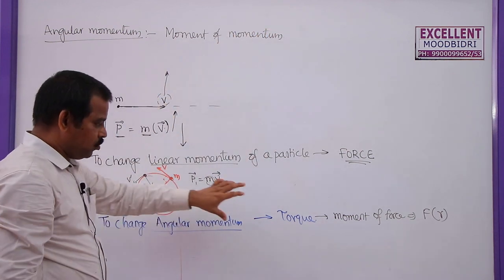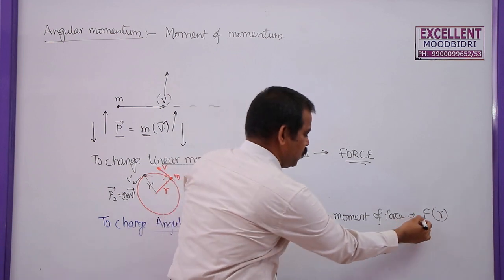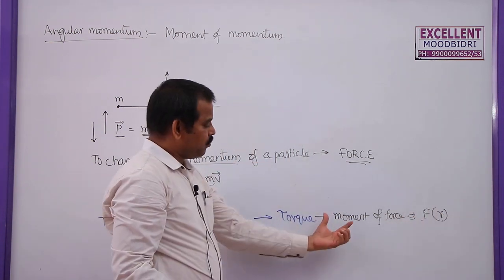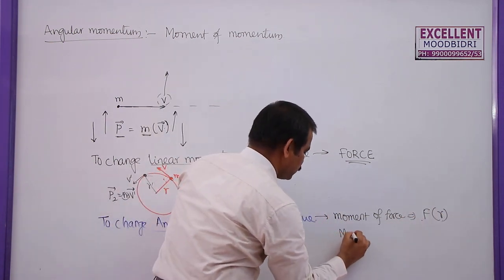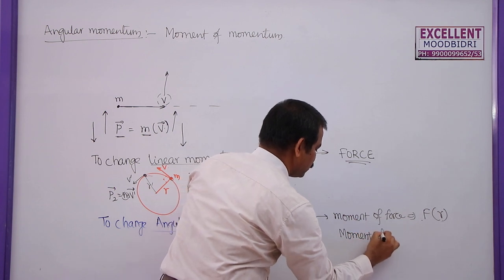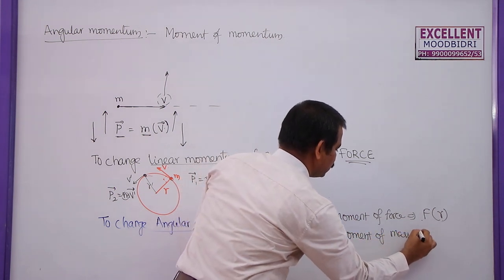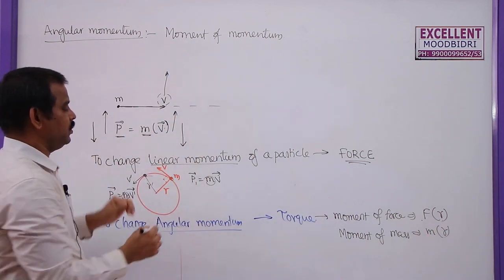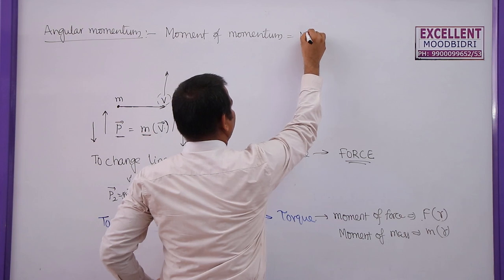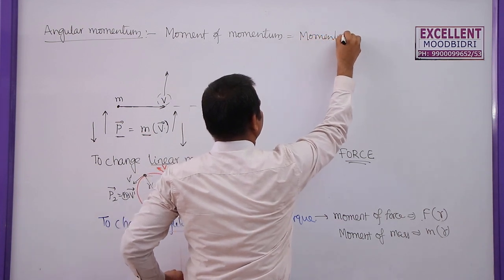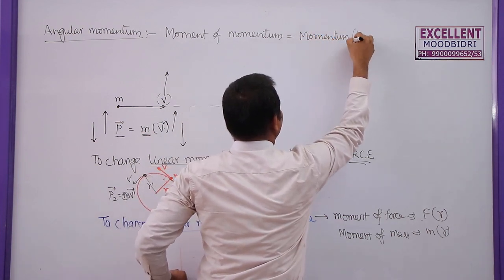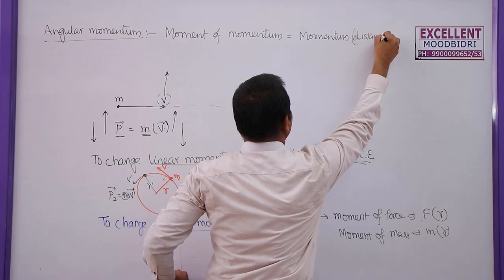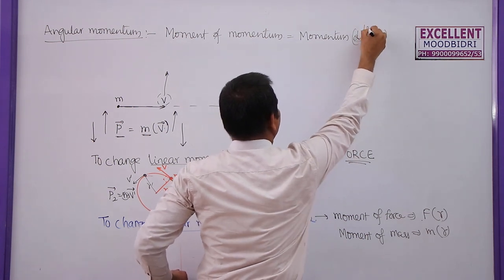How do we find the moment of force? That is force into distance. Similarly, what is meant by moment of mass? This is mass into distance. Similarly, what is meant by moment of momentum? That is momentum into distance, or displacement, the perpendicular distance here.